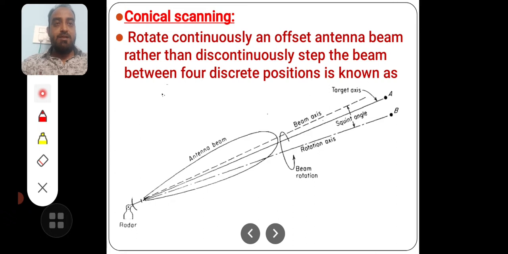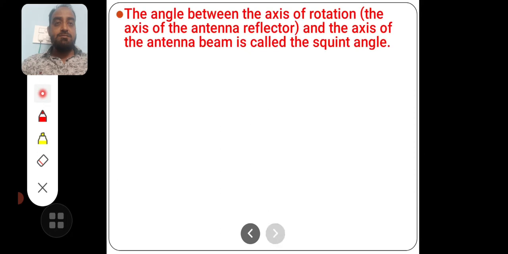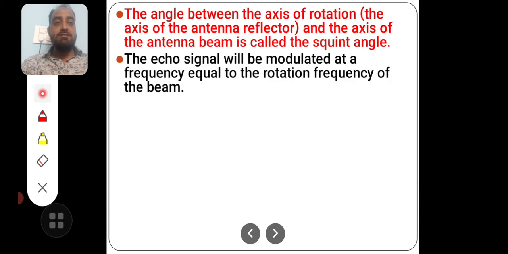Now, this antenna does not need to switch the antenna lobes. It requires only a single lobe, which should be rotated on its own axis, the rotation axis. The angle between the axis of rotation and the axis of the antenna is called the squint angle.